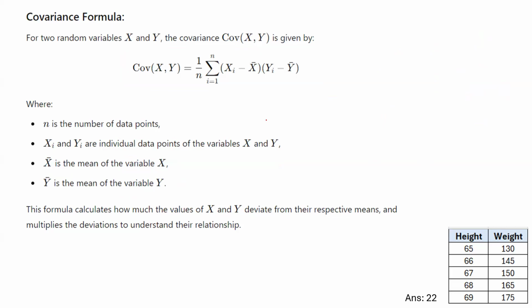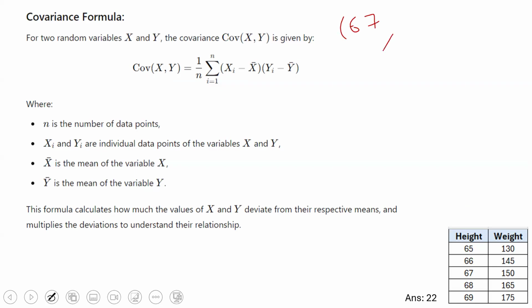So now let's break this into steps. What is the mean for these data points? Can someone calculate that quickly? The mean for these data points would be 67. 67 is for the x-axis, right? Yes.